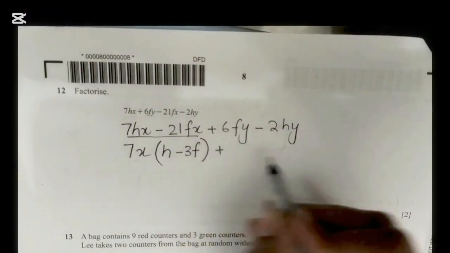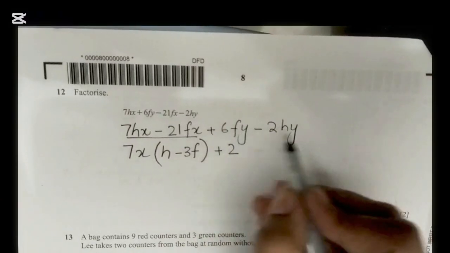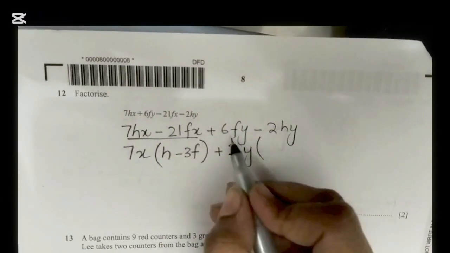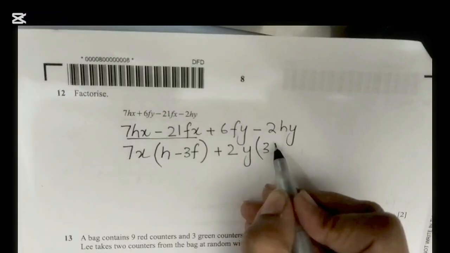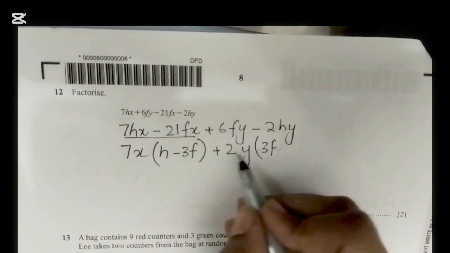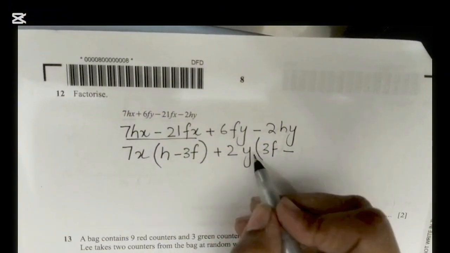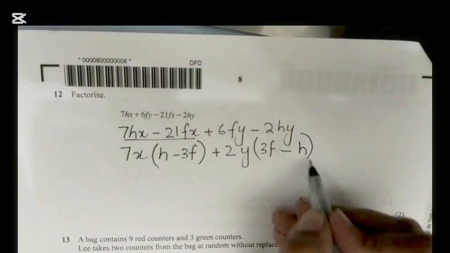Now plus, here 2 is common and y is common in both of them, so we can write 3f and minus, and 2 is over here, y is also over here, so we can write h.